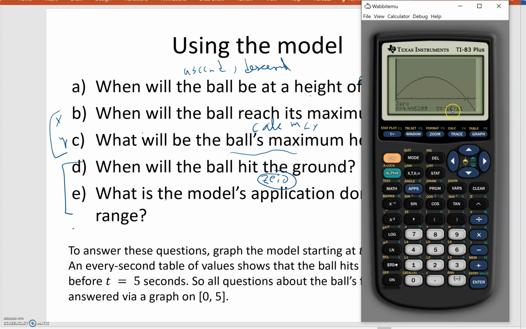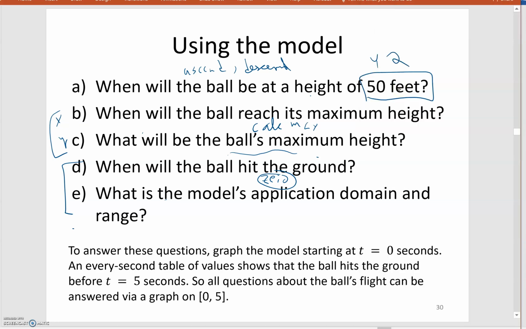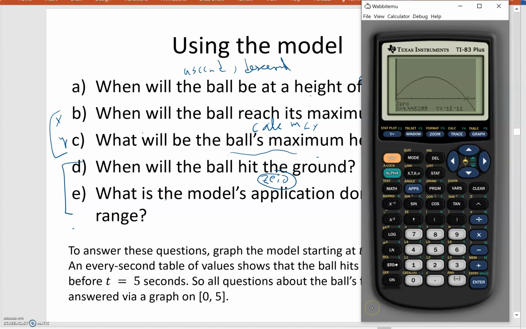That says negative 1e negative 11, which is scientific notation for a very, very close to 0 number. So that is 0, and our x value is 4.45. So after 4.45 seconds, the ball hits the ground. Now the model's application, domain, and range. Well, we just found the domain.